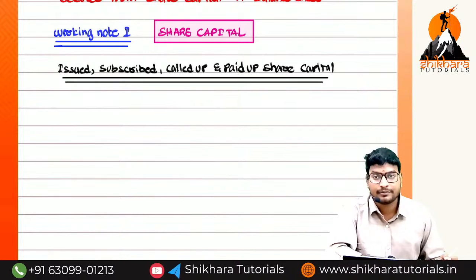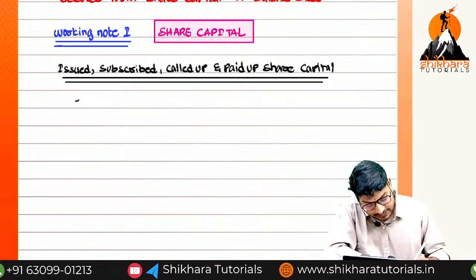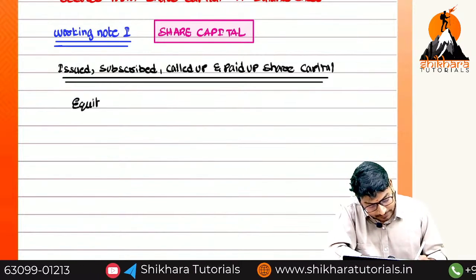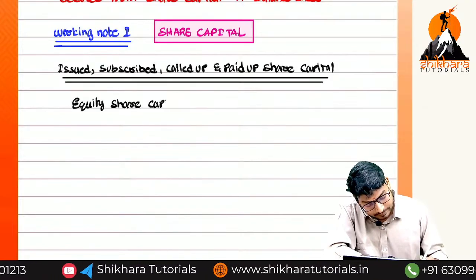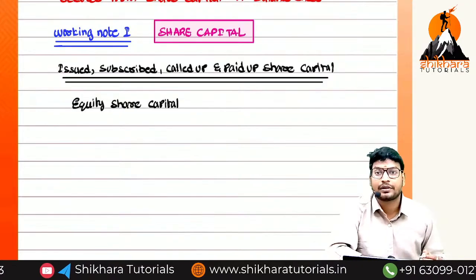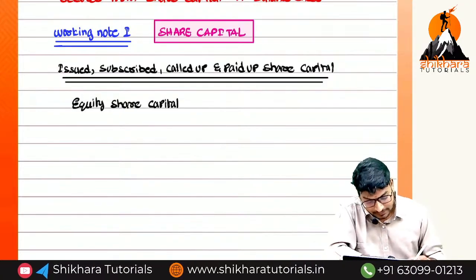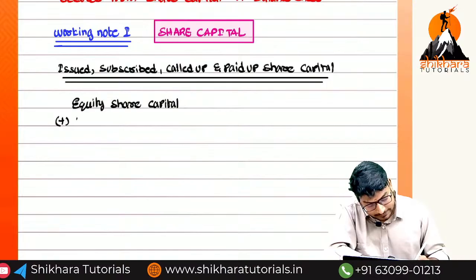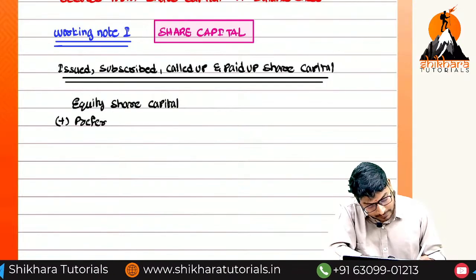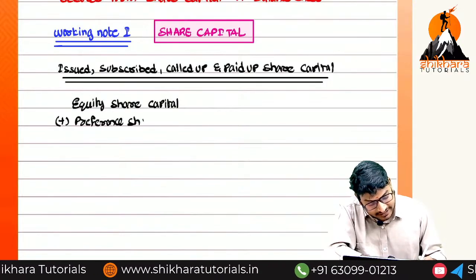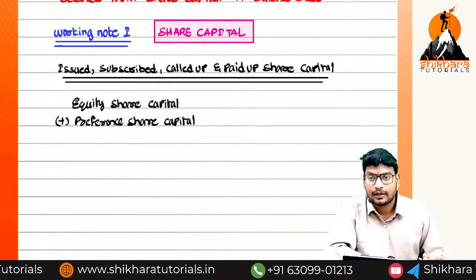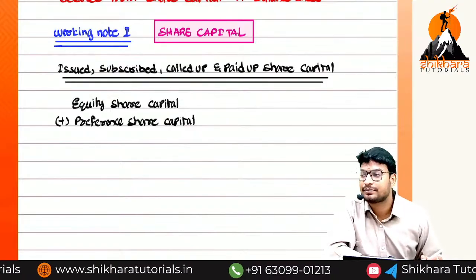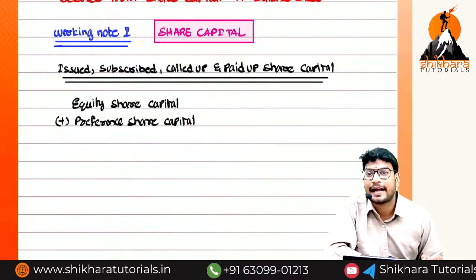Here what are the items will come into the picture: first we will write the equity share capital. For this we are going to add preference share capital. And what we need to do with the calls scenarios?